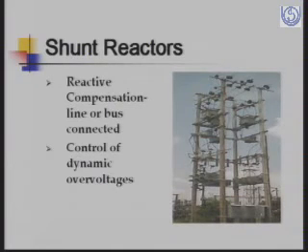They can be of the automatic type or of the manual type. The automatic switched capacitors are best used on the 33 by 11 kV substations because they provide compensation according to the requirement of MVAR at that point of time.